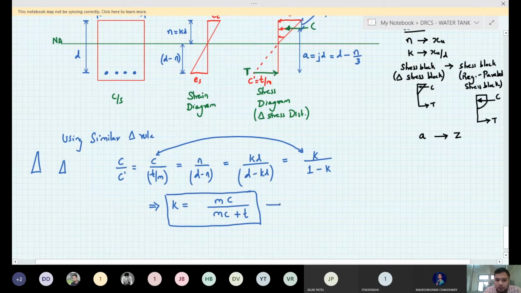So this is nothing but your, not lever arm, this is the neutral axis depth factor.